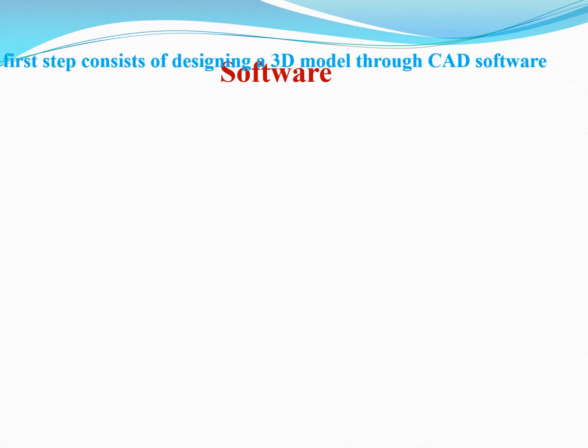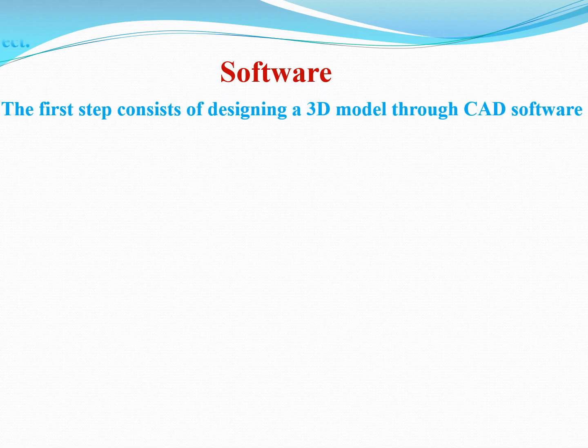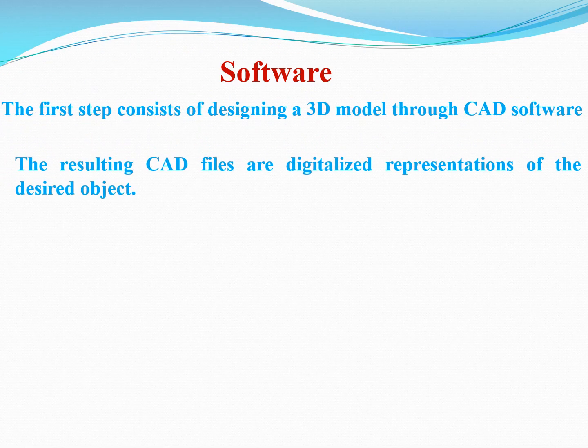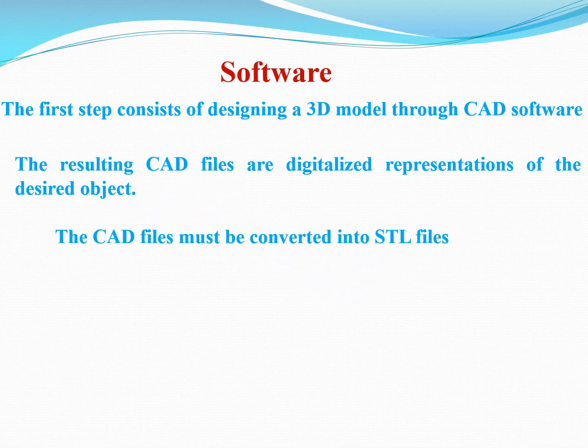Now the software. The first step consists of designing a 3D model through CAD software. Secondly, the resulting CAD files are a digitalized representation of the desired object. The CAD file must be converted into an STL file, and that is the standard triangulated language.